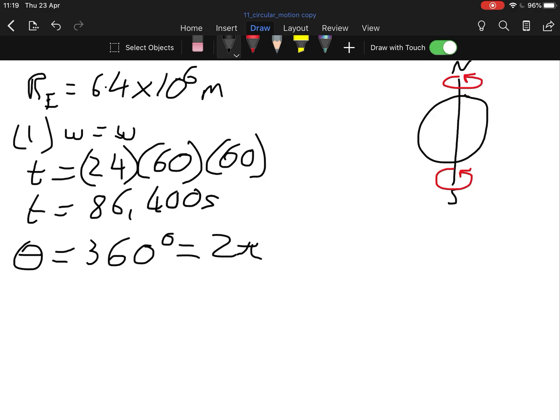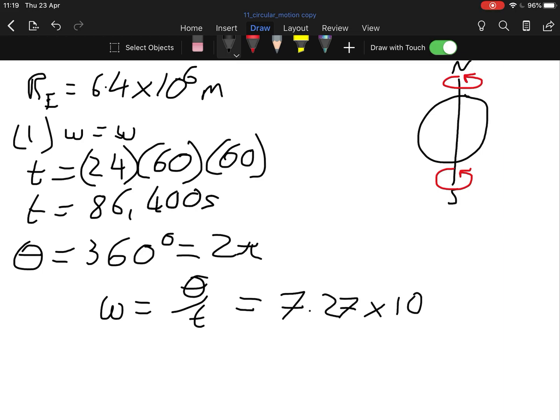So now do we have enough information to answer this question? Go to your log tables. We need angular velocity with only one missing value being the angular velocity. Well, we have omega equals theta over t. And that should give you a value of 7.27 by 10 to the minus 5 radians per second. Okay?